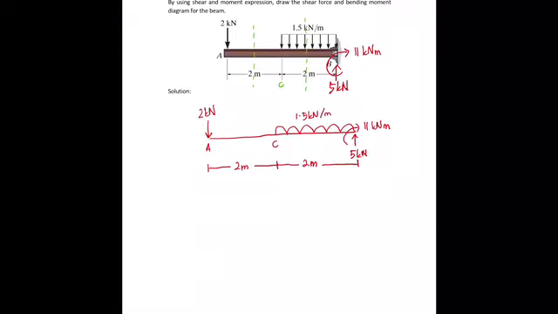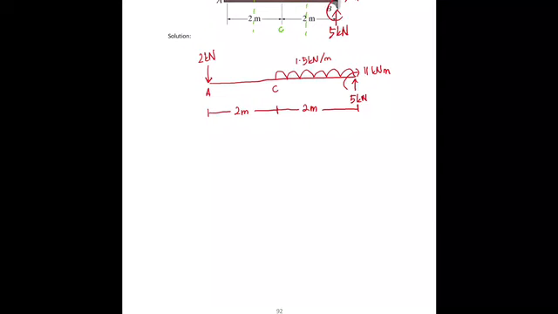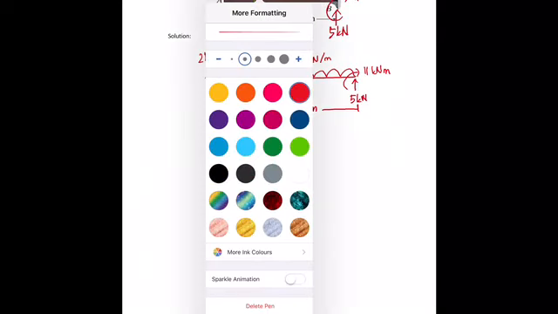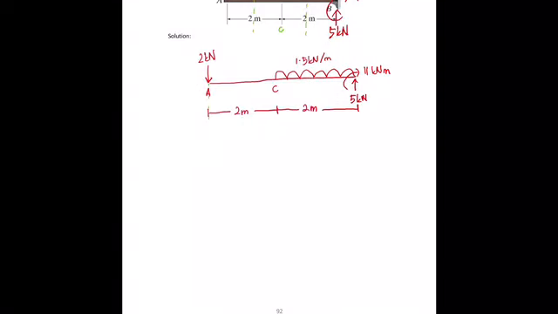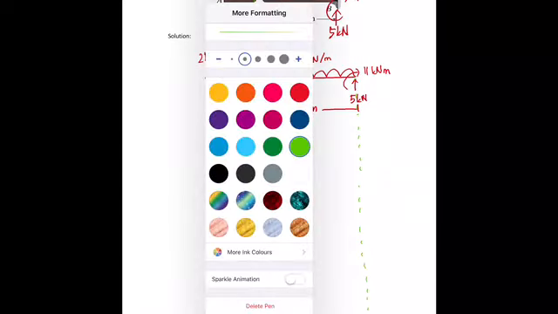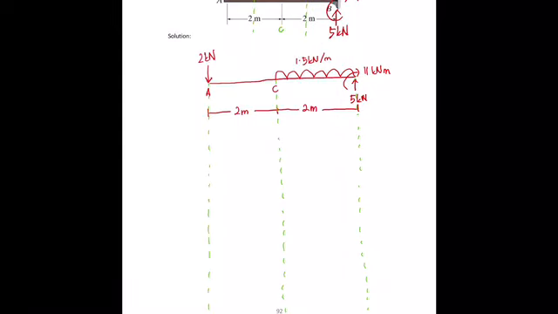As I mentioned, you need to do this in one page. So you already have the free body diagram. Then draw the line, draw the dashed line. And then do an axis for this one, this is free body diagram.